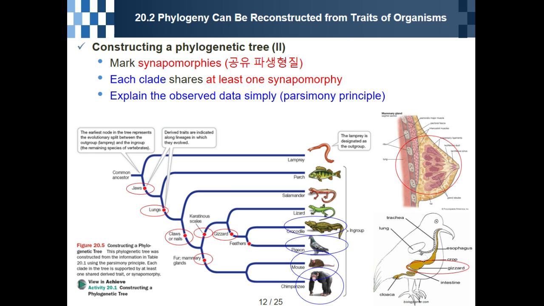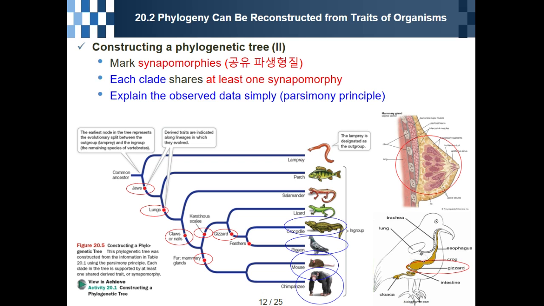Okay, for example, I will show you an example. Lamprey, we call it 칠성장어. If we compare the lamprey and chimpanzee, their morphology is totally different. But when we explain the difference between the lamprey and chimpanzee, we always explain very simply. For example, chimpanzee has jaws, but lamprey doesn't have jaws.